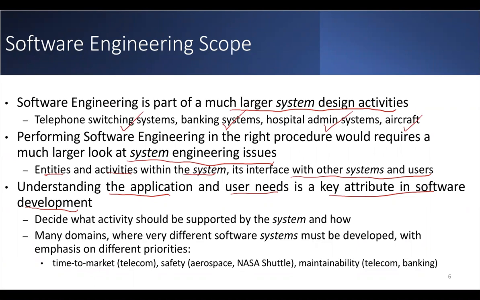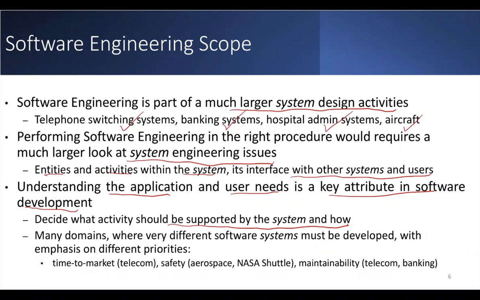With this, we need to decide what activity should be supported by the system. In addition, keep in mind that there are many domains where very different software systems must be developed. However, they might be aligned with different levels of priorities.